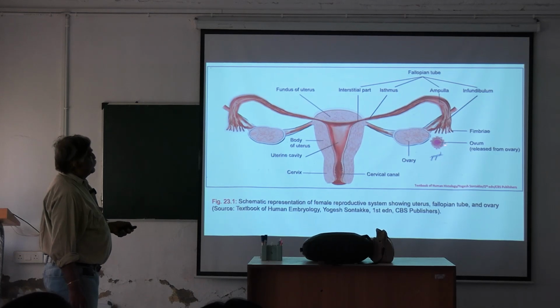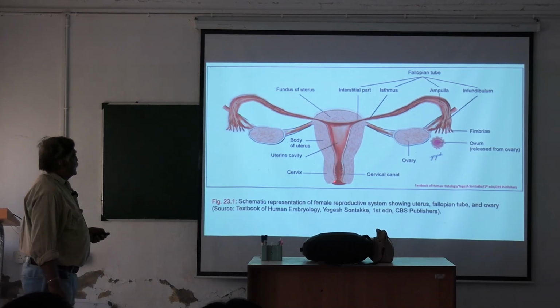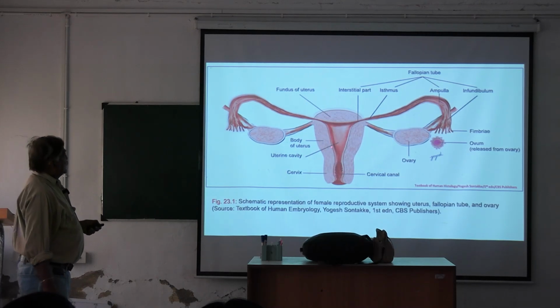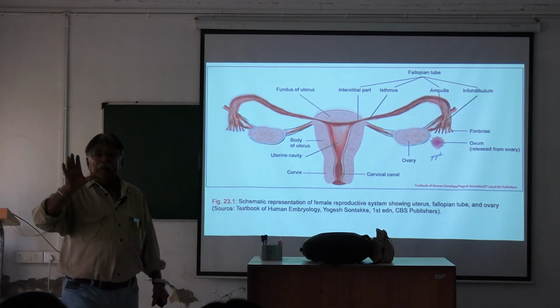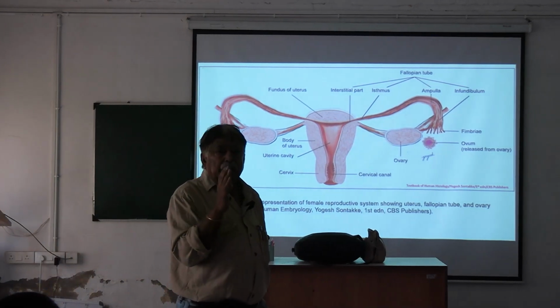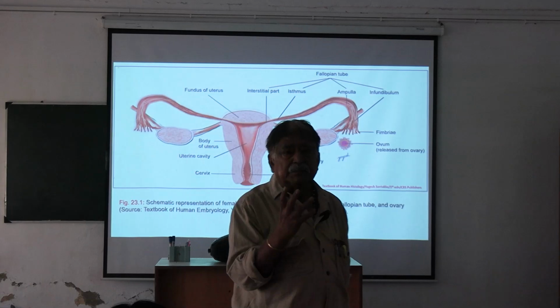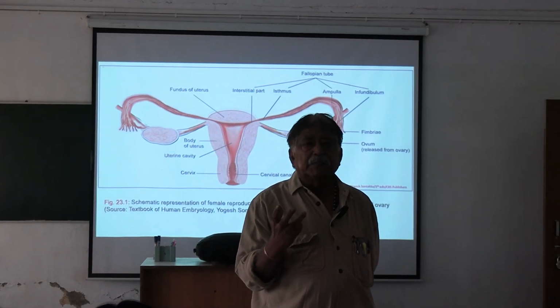This is the ovary, the ovum is released from the ovary, and this is the cervical canal, the cervix, the uterine cavity, the body of the uterus. The organ has this shape and size.